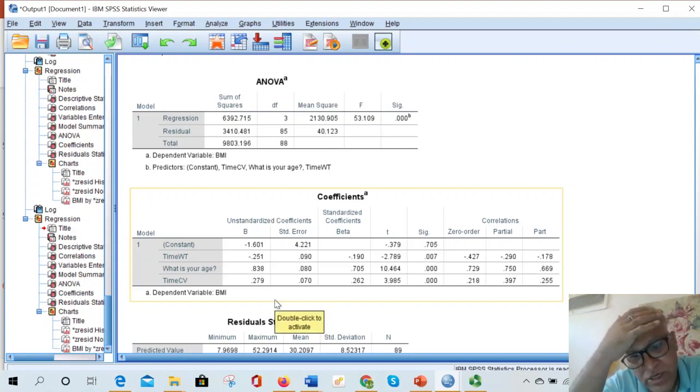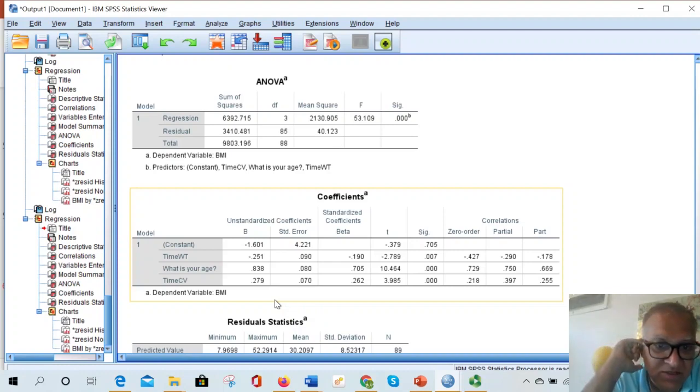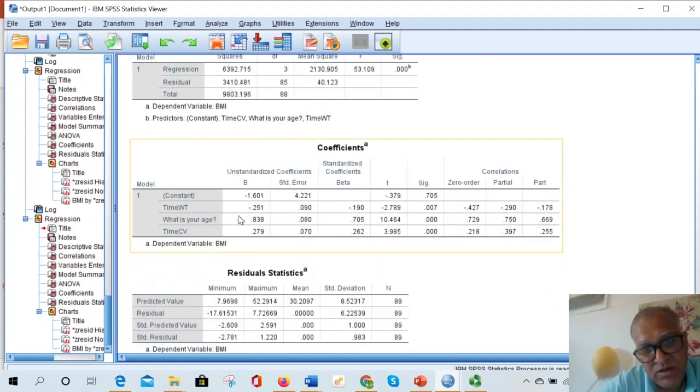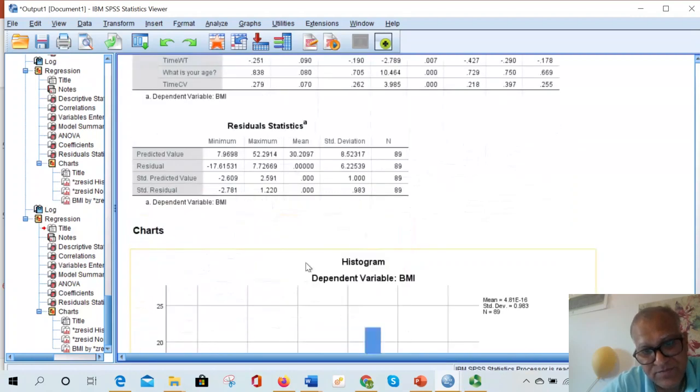Similarly, if you spend 10 minutes extra on cardiovascular, you add 2.79 more to your BMI. So this is also important to read as the effect. So the weighing machine is decreasing your BMI, but cardiovascular and age are increasing your body mass index.